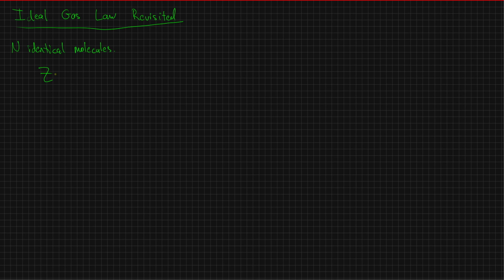Then, like we just said, the total partition function is going to be 1 over n factorial, to account for overcounting, times the partition function of a single molecule to the nth power. Easy.